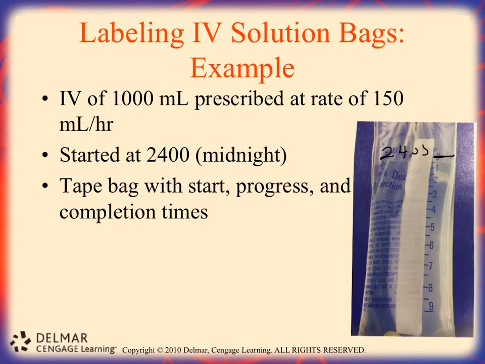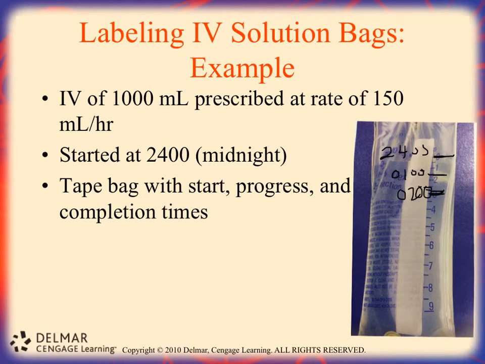Then you would count down 150 milliliters, so that would be right here, and that would be 0100. And then you'd count down another 150, so there's 50 plus 100, so right here at 300 would be 0200.